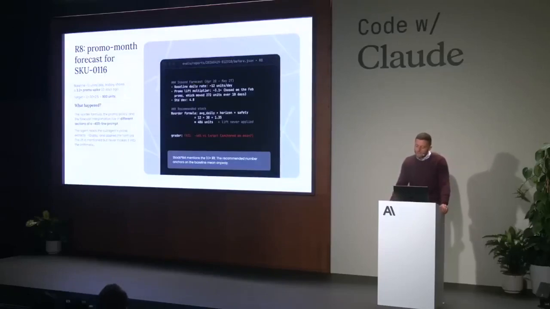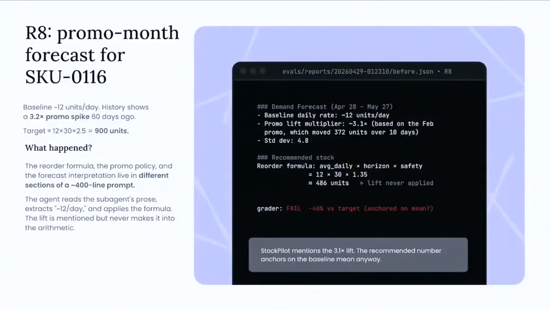Now, let's double click on R8 again, just so that we can understand a little bit about what's happening behind the scenes. Again, R8 is where we're essentially calculating the forecast during a particular month with a promotion. On my screen here on the right side, where you see the simulated terminal window, within the first block under the commented text, we can see that the agent pulled the right forecasting baseline and also pulled the right promotion multiplier.